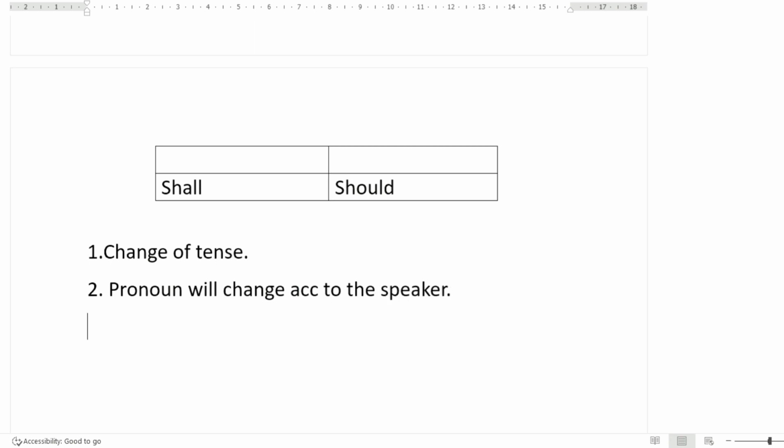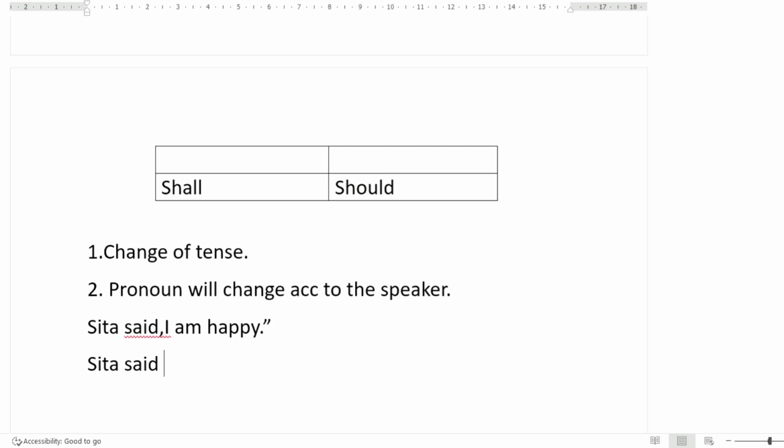What do I mean by this? Sita said, I am happy. Sita is the speaker. Said is the reporting verb. So, Sita said.